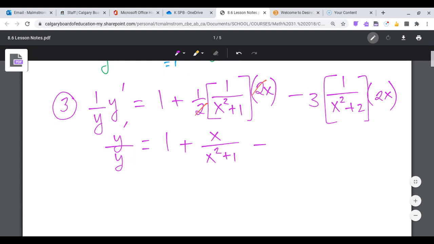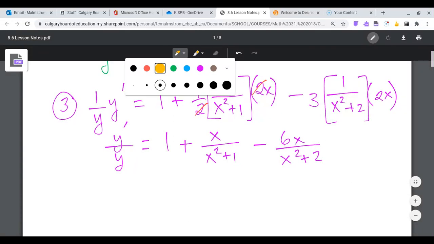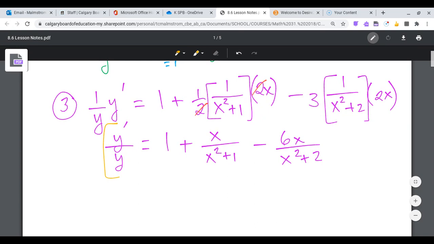And then on the last term, I have minus 6x on x squared plus 2. What we're going to do next is isolate for our y prime. So that means I'm going to need to multiply by y and move my y to the other side. So this is our step 4.